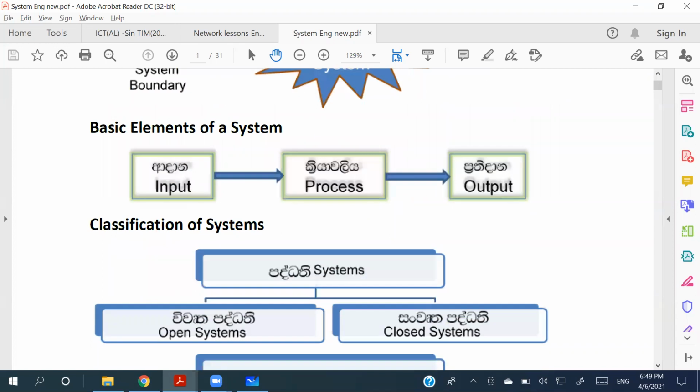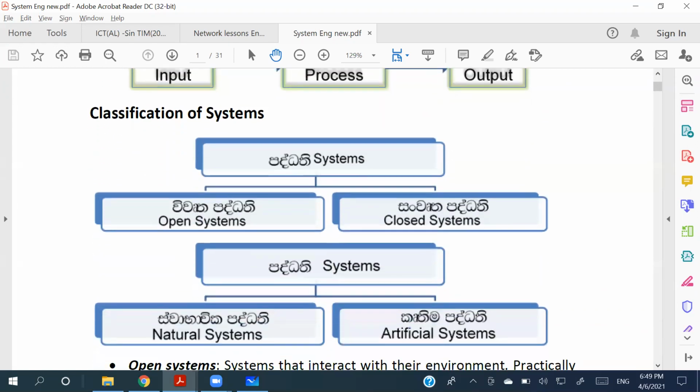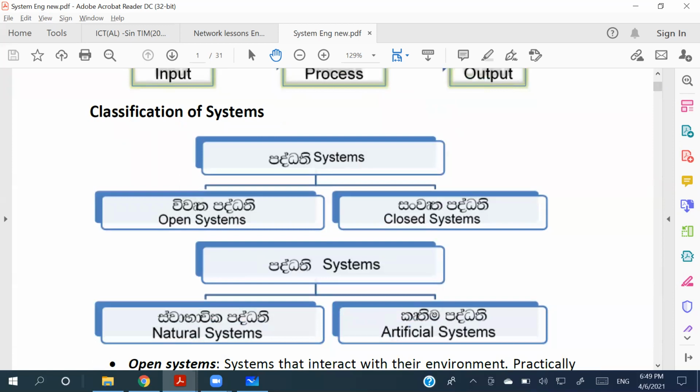So when we are going to classify the systems, we can do different kinds of classifications. In the nature of interacting with the environment, we can classify a system as an open system and a closed system. Now, as I told you, a school is an open system because it interacts with its environment. And when we take the blood circulatory system, it's a closed system. It is not interacting with the environment.